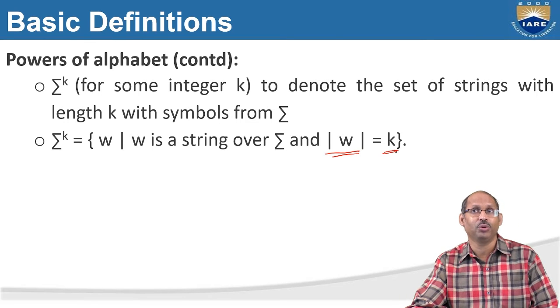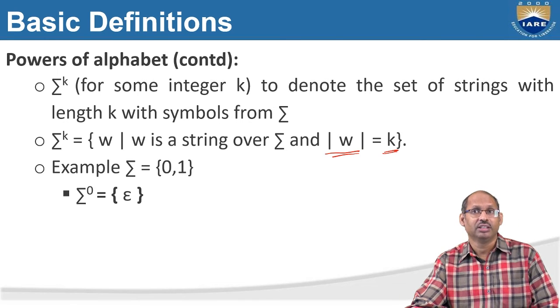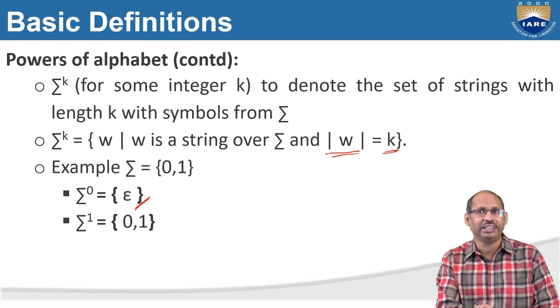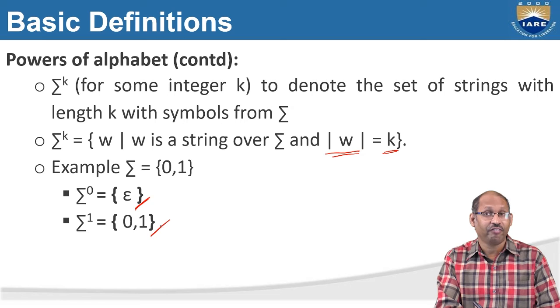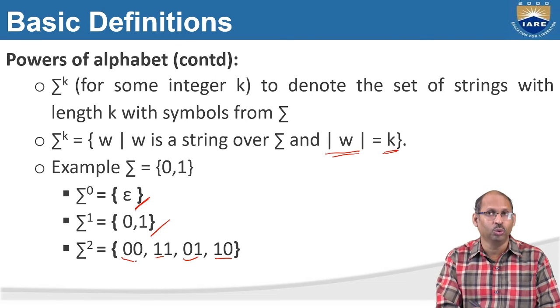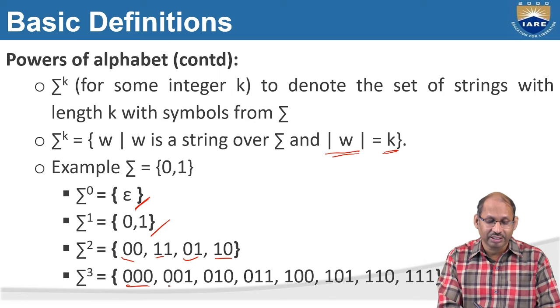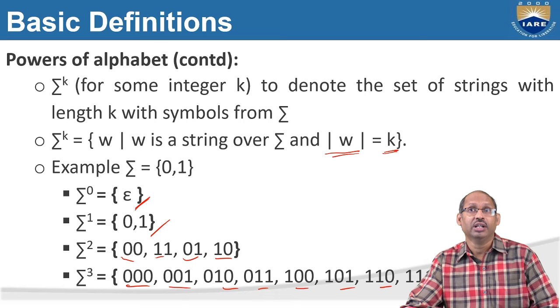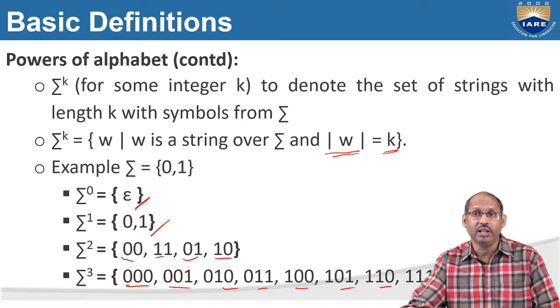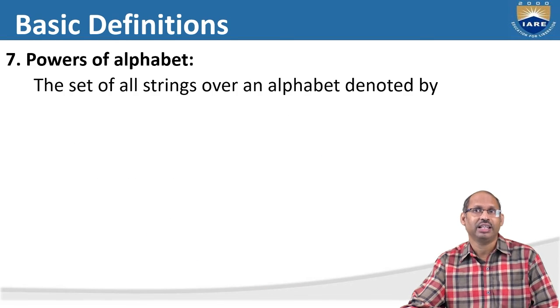The empty string has length 0, then strings of length 1, of length 2, of length 3. Sigma power 3 consists of all the strings having length 3.